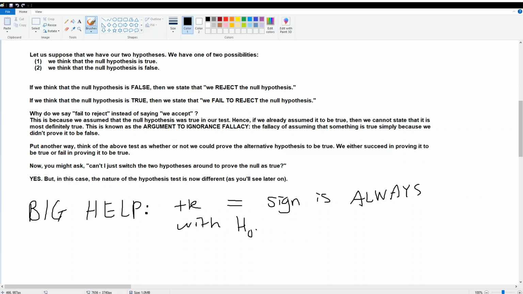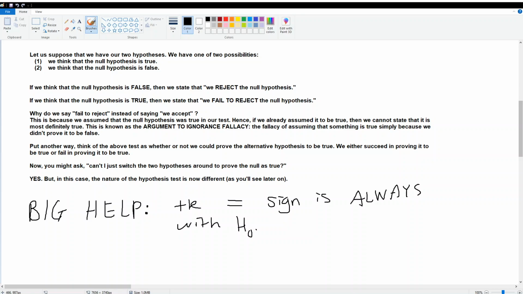Now, you might ask yourself, how come we say fail to reject instead of accept? Or alternatively, you might ask, how come we say we reject the null instead of we accept the alternative? Well, the alternative is the opposite of the null, so saying we reject the null is the same as saying we accept the alternative.